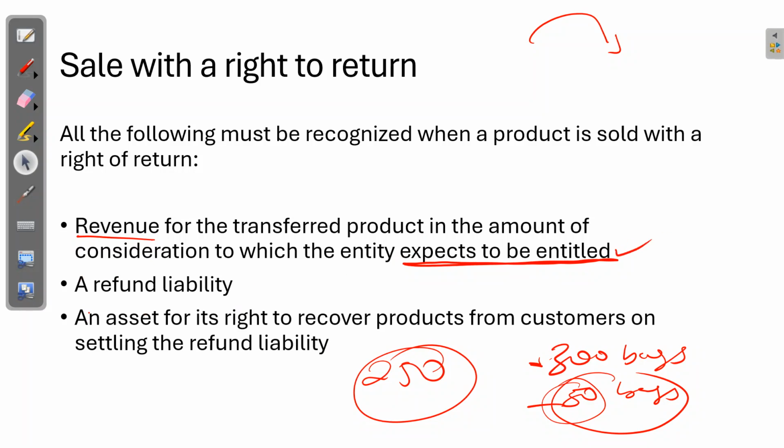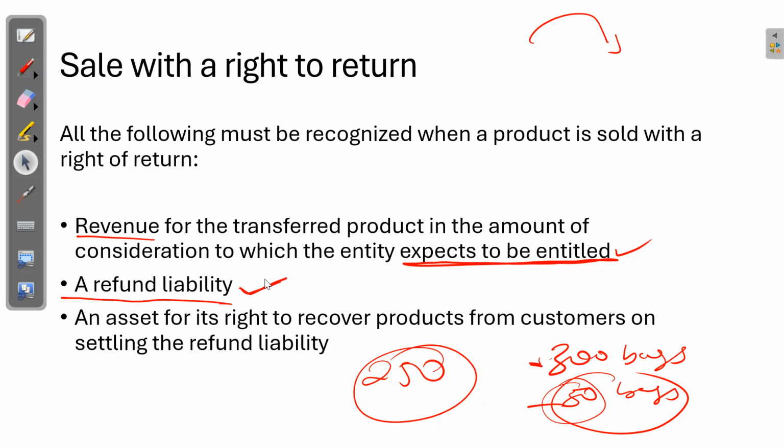Then we also have to account for a refund liability. A refund liability means we should be ready to pay for whatever the customer will return. Because as we are selling, we are expecting the customer to return some of the products. So it's like a provision. We should make provision for whatever the customer is going to return.